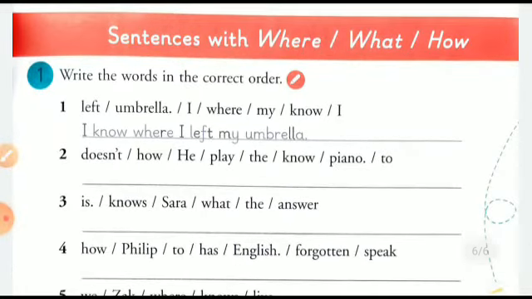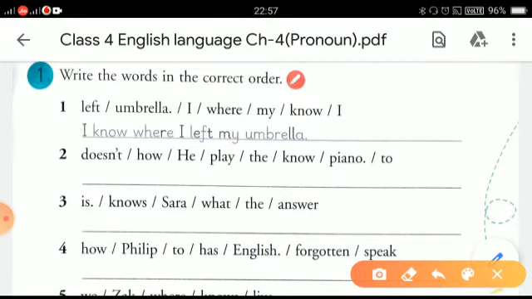Now let's write some sentences using where, what and how. The first one is, I know where I left my umbrella. It is already done for you. The second one is, he doesn't know how to play piano.